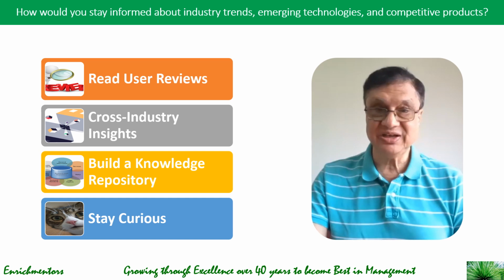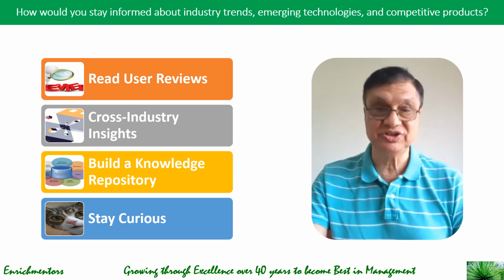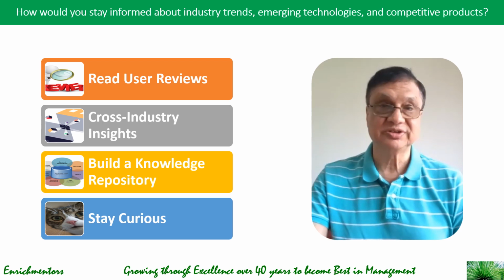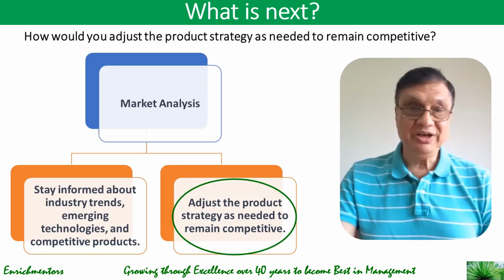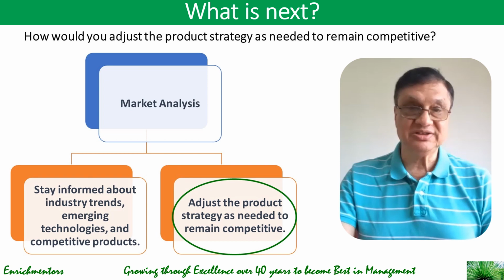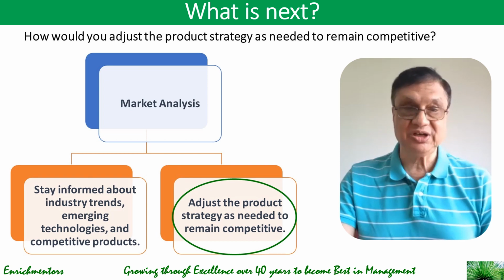The industry landscape is constantly evolving, especially in IT, and staying ahead requires continuous learning and adaptation. Make staying informed a part of your professional routine to remain competitive and make well-informed decisions as a product manager. So, having looked at how to stay informed in a practical sense about the industry trends, emerging technologies, and competing products, what do you do next?